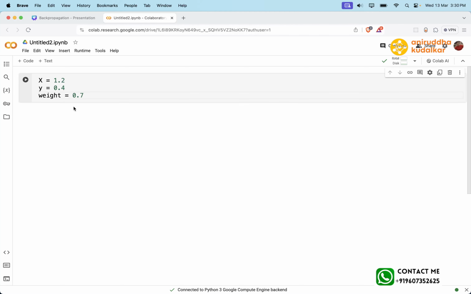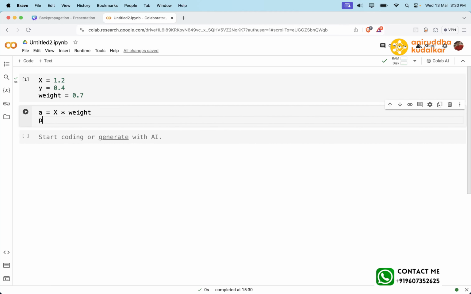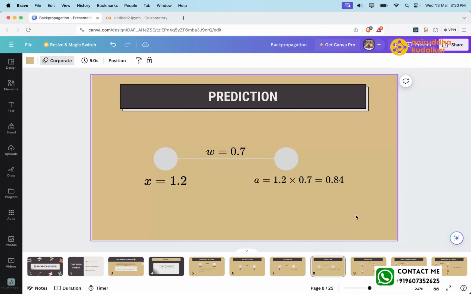Let me run this much code. Output activation A equals capital X into weight. Now if you print this A, you will see 0.84.